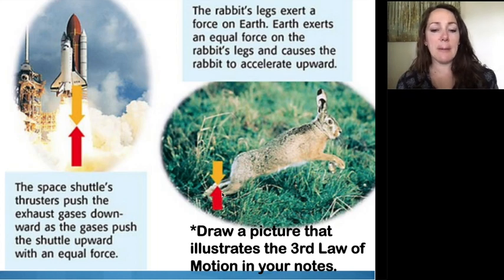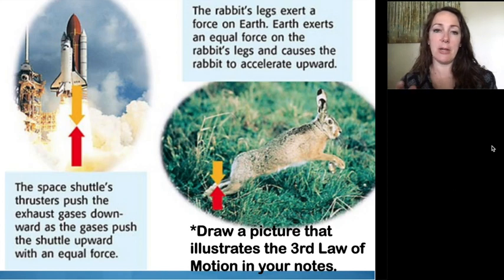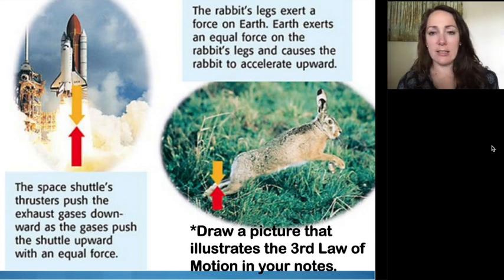So that wraps up our discussion on Newton's laws of motion. I suggest you go back through and draw pictures that illustrate each of the laws of motion to help you gain a better understanding of that. So the first law of motion says that objects in motion will stay in motion, and objects at rest will stay at rest until something else acts on them.